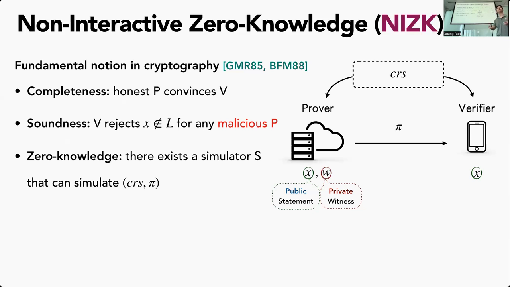So it may embed some trapdoor in it. But intuitively, what zero knowledge means is that the proof can be generated in a way that does not even require the witness, and hence the proof doesn't leak anything about the witness.